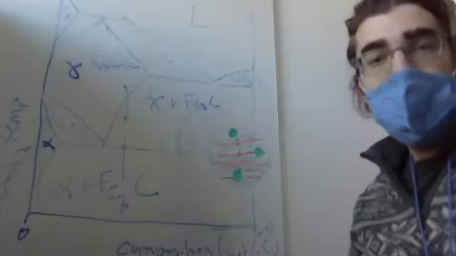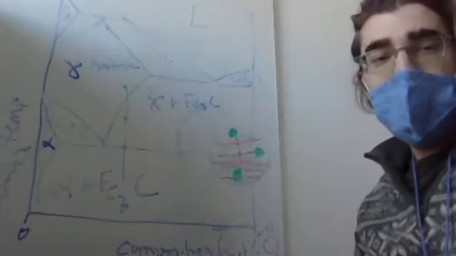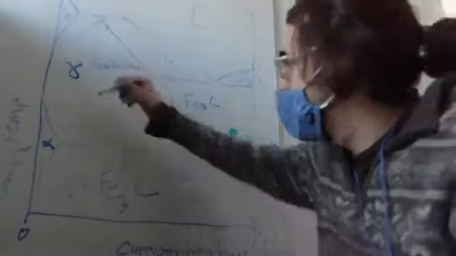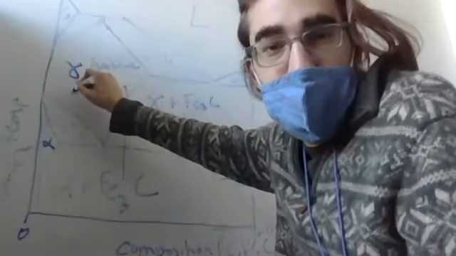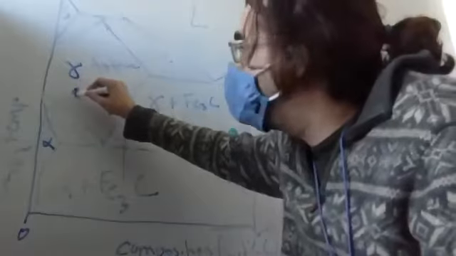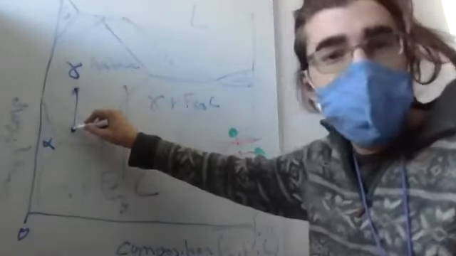Now, you can do the same exact thing for a hypoeutectoid. So a hypoeutectoid would be if you were below the eutectoid point. And then as you cool, first you would enter this domain.